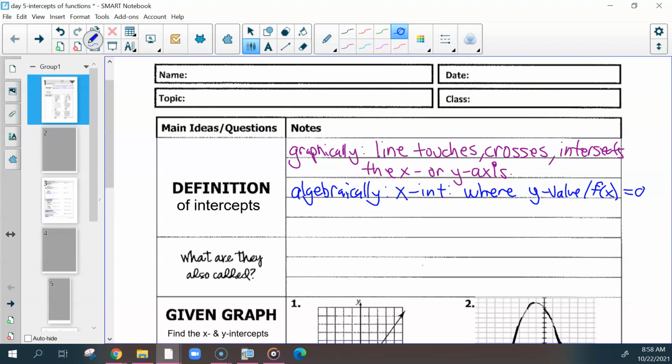For our y-intercept is the opposite. So where our x value equals 0. So we would put 0 in for x and solve for y. So this is kind of like when we were doing function notation, but just for when it touches the x or y axis.